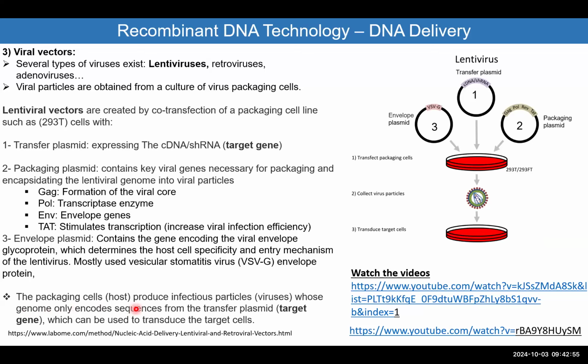The packaging cells, which are in this case 293T cells, will produce infectious particles, which are the viruses. We have tricked the virus: in principle, instead of carrying its own genes, it's carrying our gene of interest from the transfer plasmid, which is the target gene that can be used.